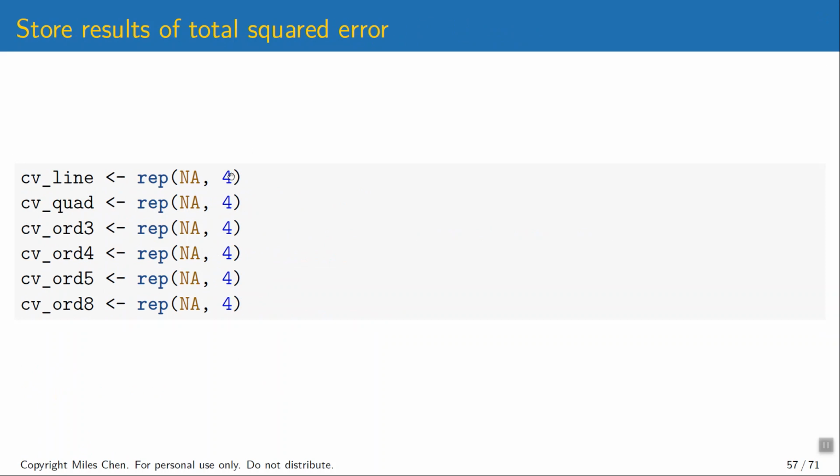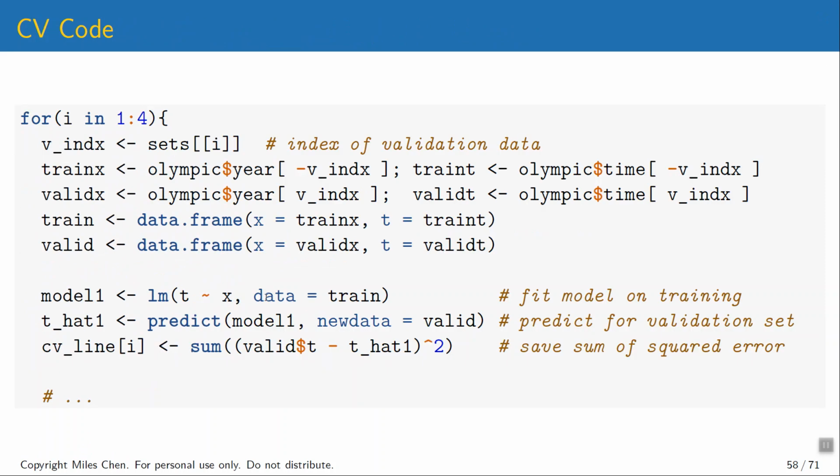Then I'm setting up some vectors to store the results. We might have to wait for the results of this, but I'll introduce a little bit of the code. Basically, I'm doing this for i in 1 through 4, because I've got 4 different validation sets. For each validation set, I pull out that index, and those will be my validation indices.